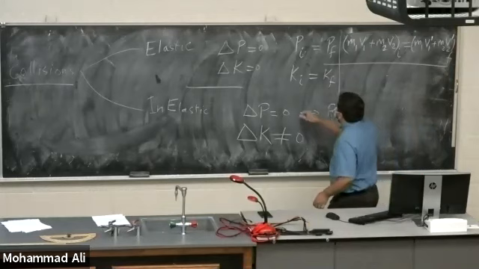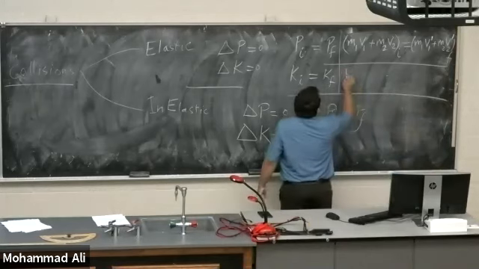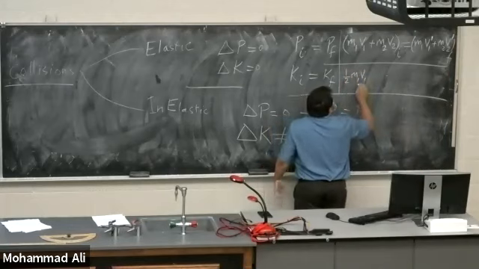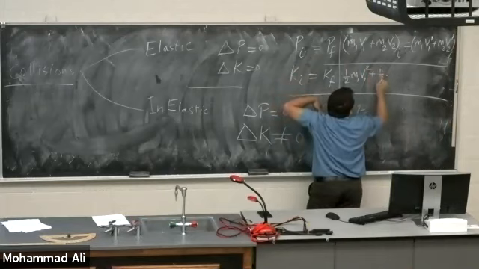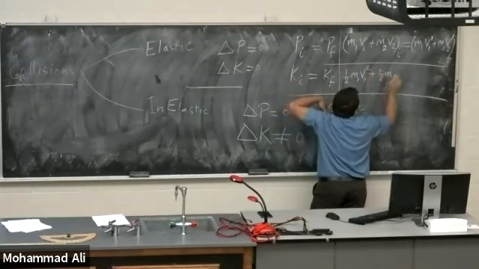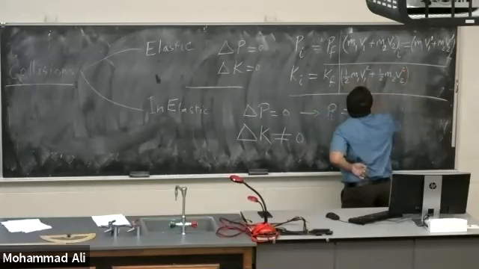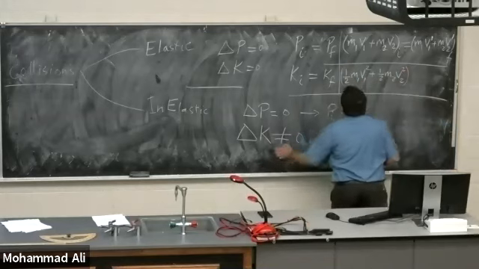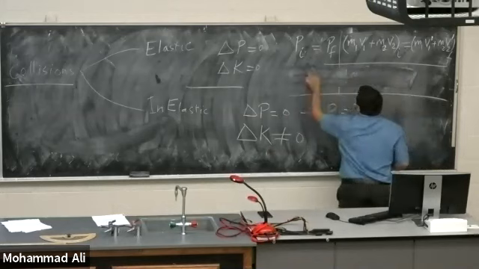What about the kinetic energy? It is simple. 1/2 m1 v1, just like the momentum, but squared, plus 1/2 m2 v2 squared. This is all before, and it is equal to the final. I will shift it to the left a little bit.